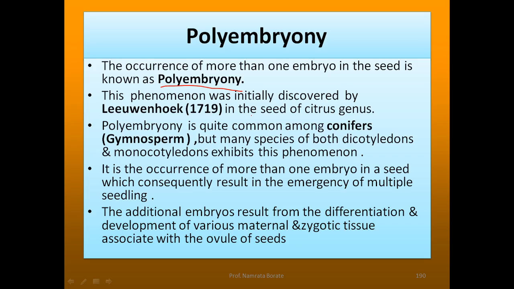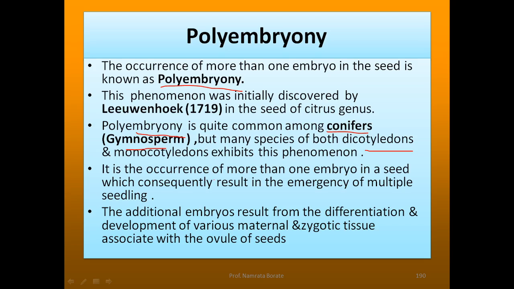This phenomenon was initially discovered by Leeuwenhoek in the seed of citrus. Polyembryony is quite common among conifers, that's gymnosperms, but many species of both dicotyledons and monocotyledons exhibit this phenomenon.